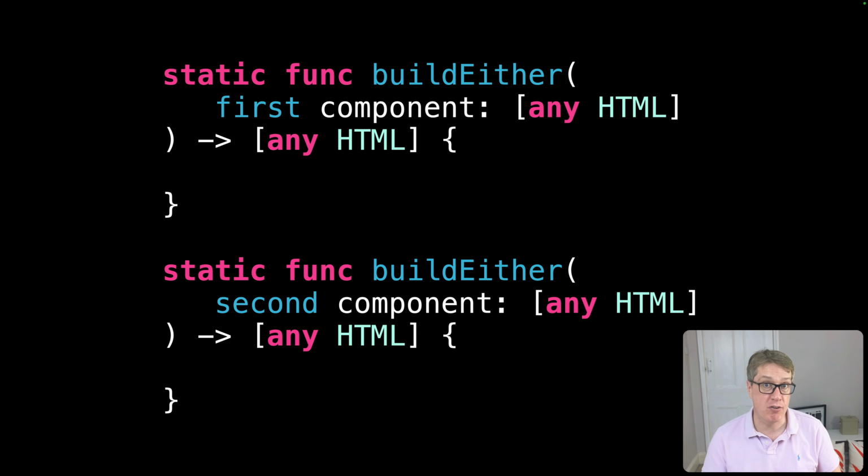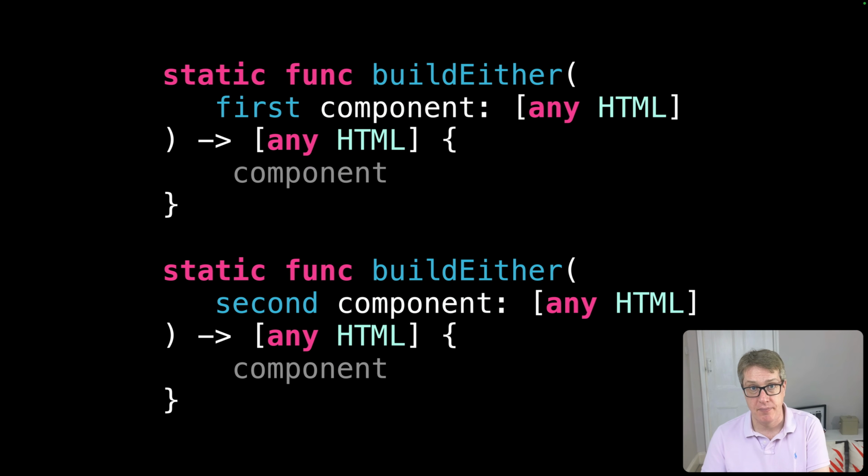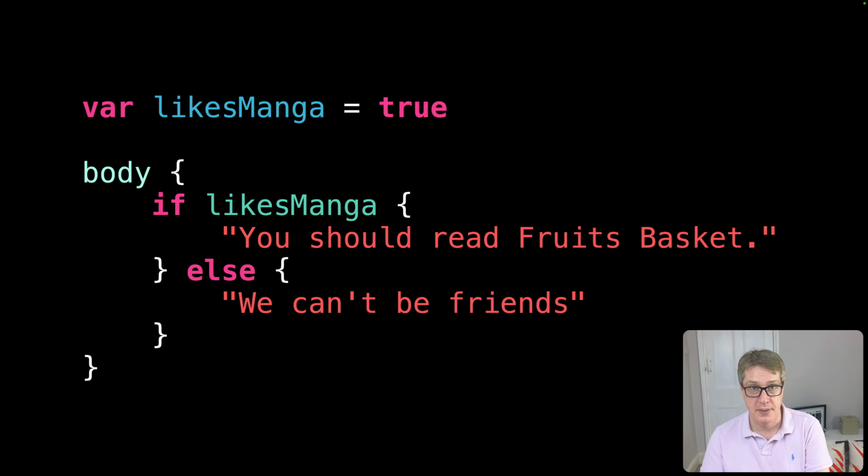Both will be given an array of HTML from one side of a condition, and you decide what to do with it. Once again, we need nothing special here. We're given a HTML array, we're going to send back a HTML array, so our input is our output. And now we have if-else code working. In fact, it also enables switch case support because Swift compiles all the cases down to a binary tree of if-else checks.